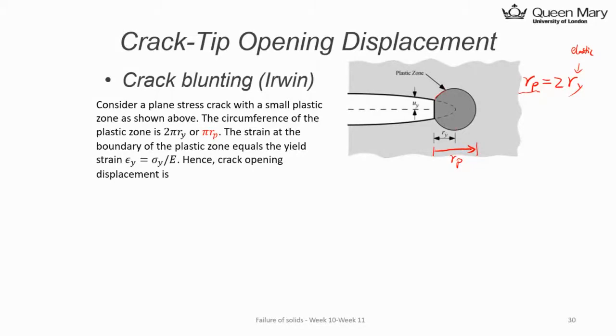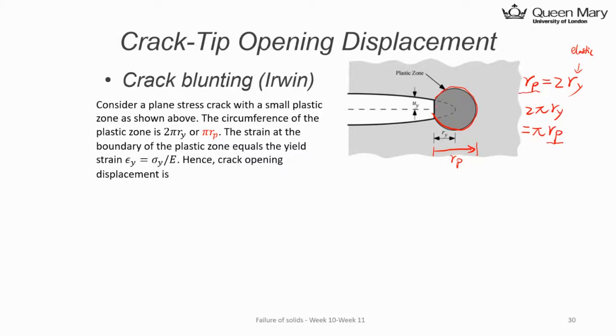If you think about the circumference, I mean the whole length along the circumference, it is 2 pi times the radius ry, which is equal to pi rp, okay? This is like a diameter.